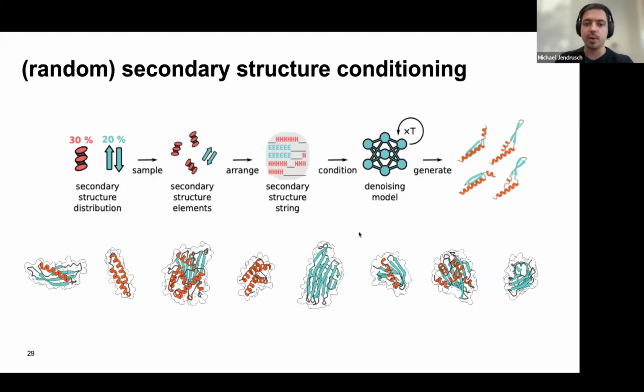And doing this randomly, we were able to generate these diverse structures you can see down here.